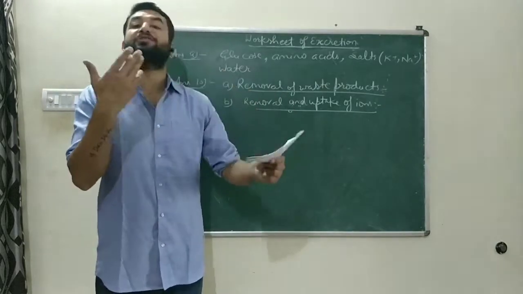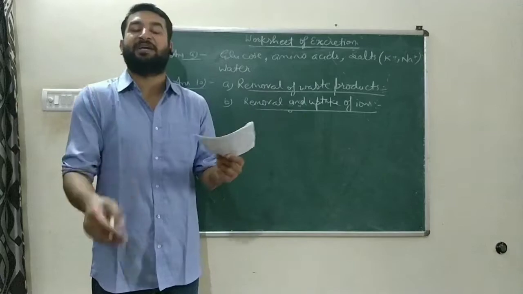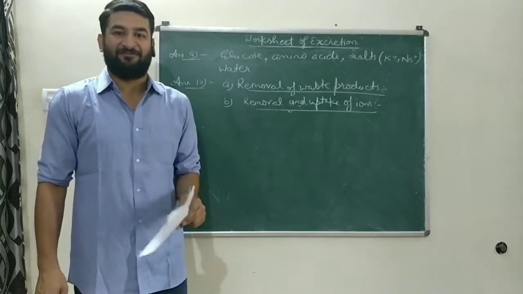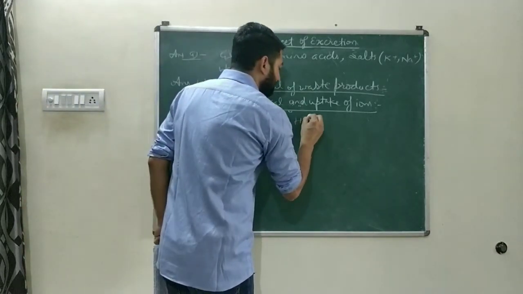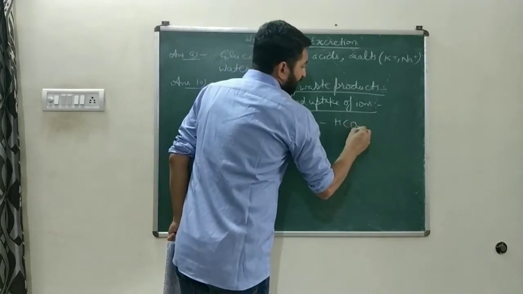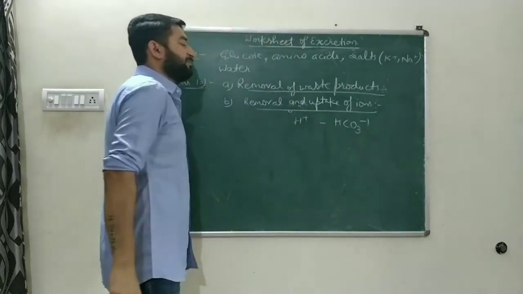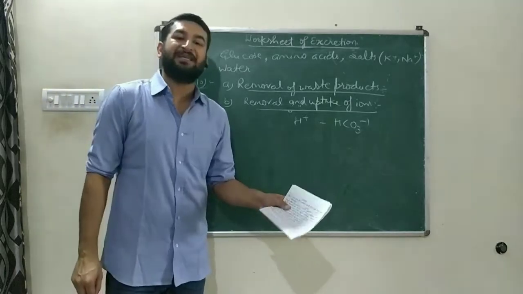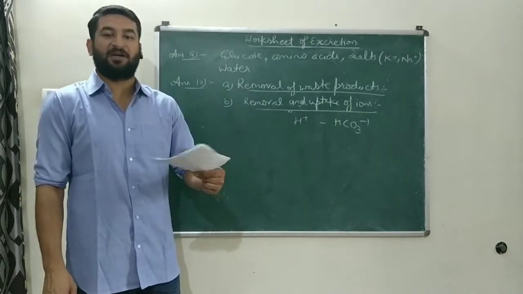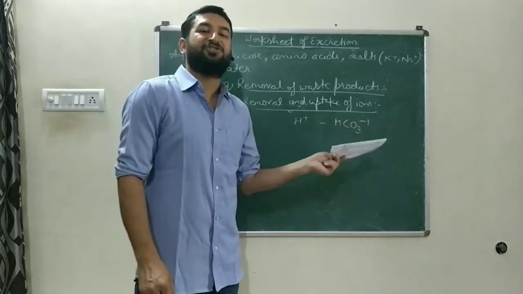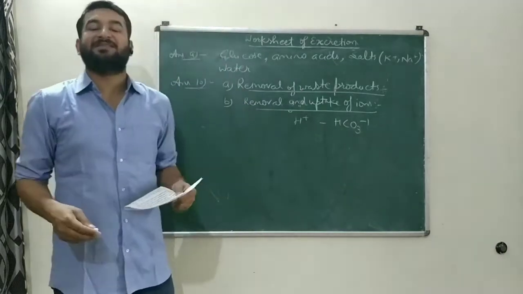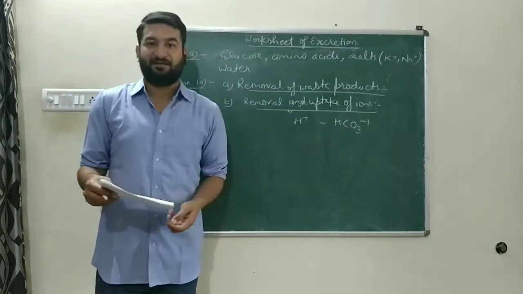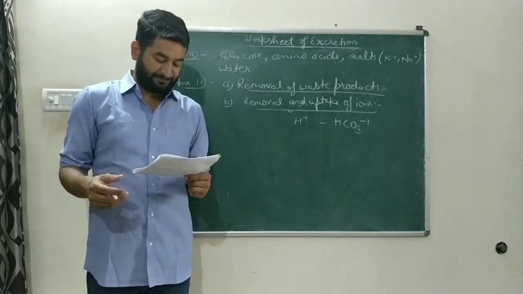The bicarbonate ion is HCO3 1 negative. This exchange keeps on occurring between the tubular part and the blood capillary network around it. Due to that exchange, the acid-base balance inside the body is maintained.